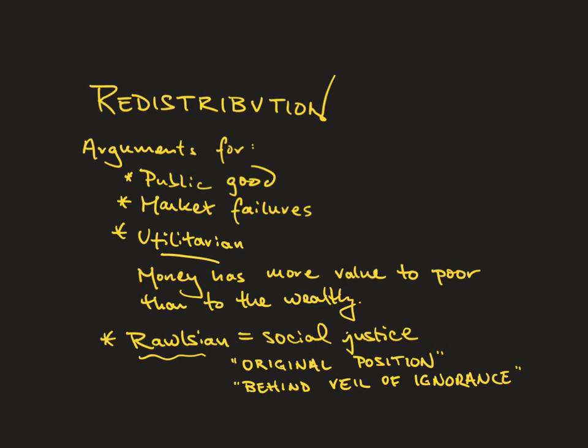And if money has less value for wealthy people than for poor people, you would say, yes, I do want that type of redistribution. So Rawls would say it's the socially just thing to do. Rawls' idea of social justice can be applied in other areas as well.